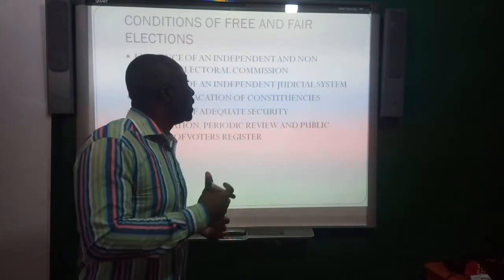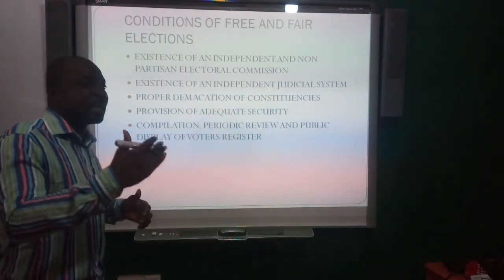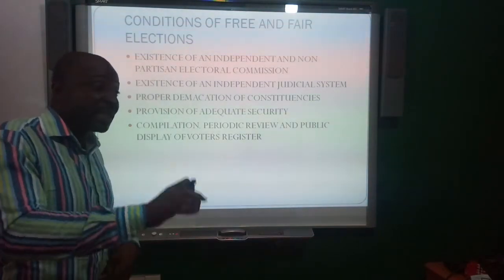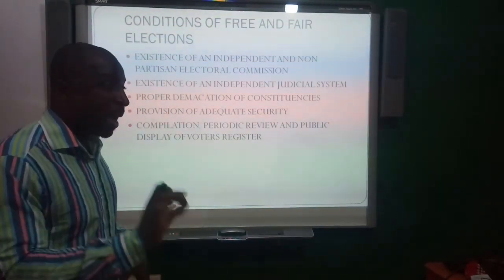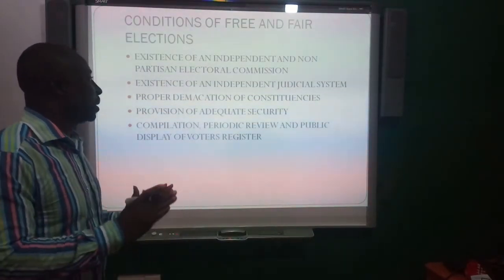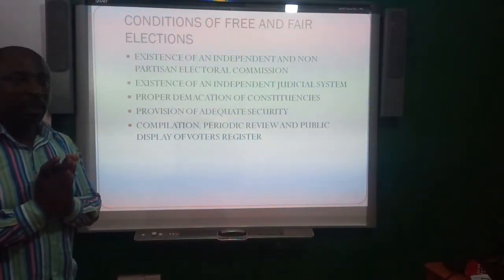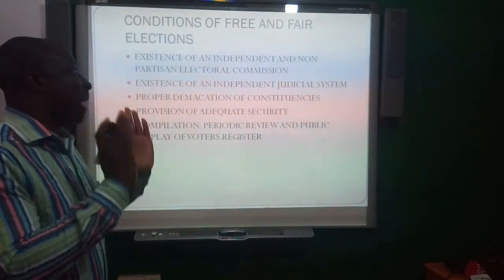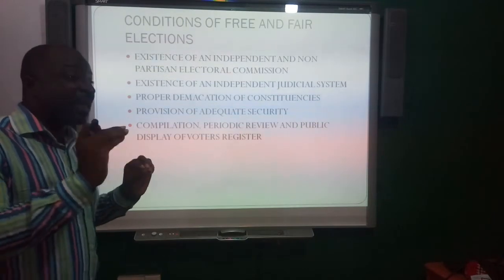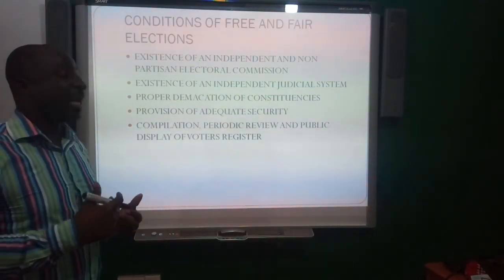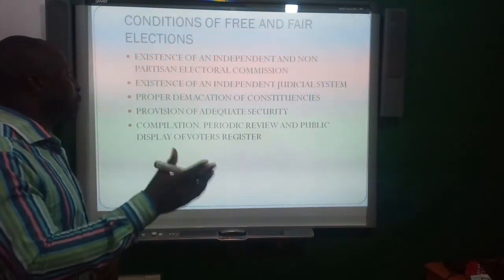And when the judicial system is 100% independent, they can disqualify even the presidential candidate with the law by saying what you did contradicts the law, and as such, this is what should be done. But when the judiciary is manipulated by an arm of government like the president, even when the president or the one on the seat loses the election, they can't pinpoint for the person to go.